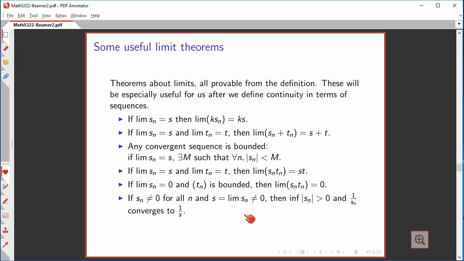Then the infimum of the absolute value of the sequence is positive. That is, there is some non-zero number that's small enough that every element of the sequence is greater in absolute value than that. And if all those conditions are satisfied, we can prove that 1 over S sub n is a sequence that converges, and it converges to 1 over S.